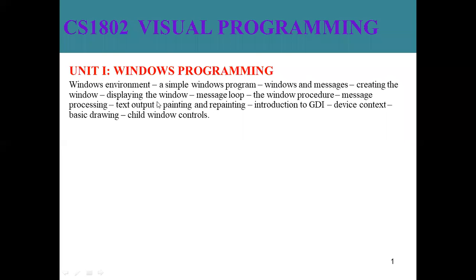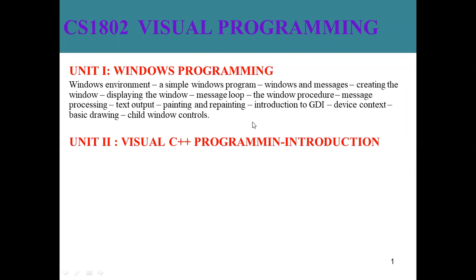Like what is meant by the Windows environment, how to display a message in Windows, how to create a window and display it, Windows message looping, all these things we are going to discuss. Fine.